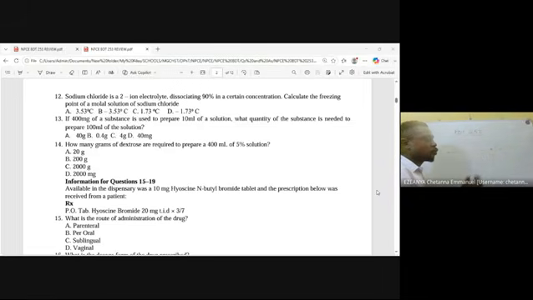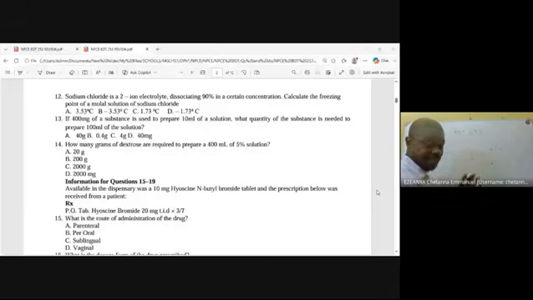But the moment you add a solute, like sodium chloride, and it dissolves inside this water, the freezing point of the solution formed will not be 0 again.